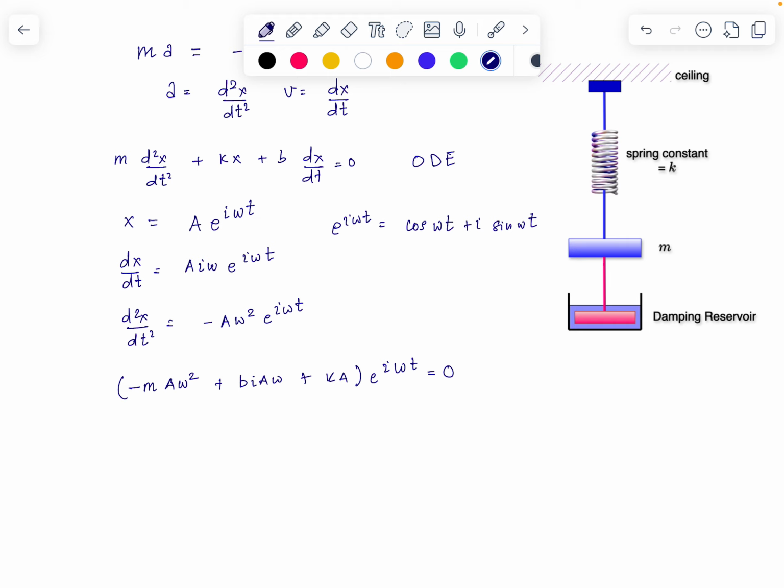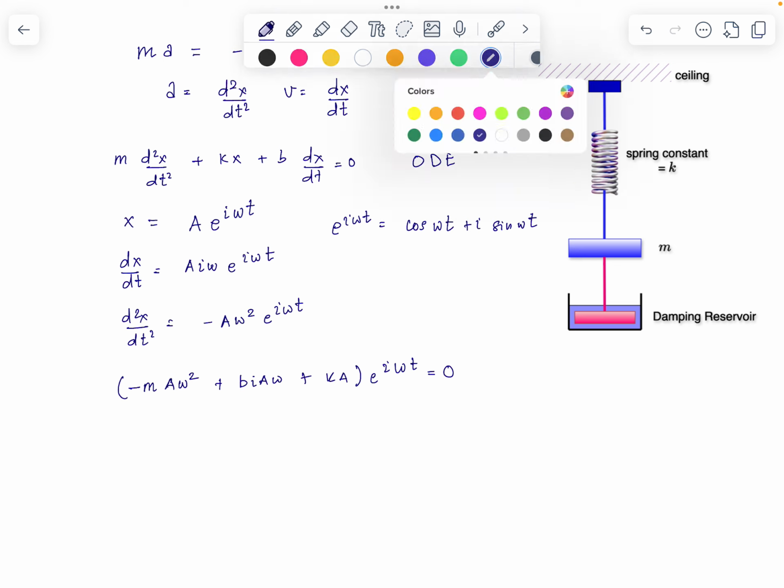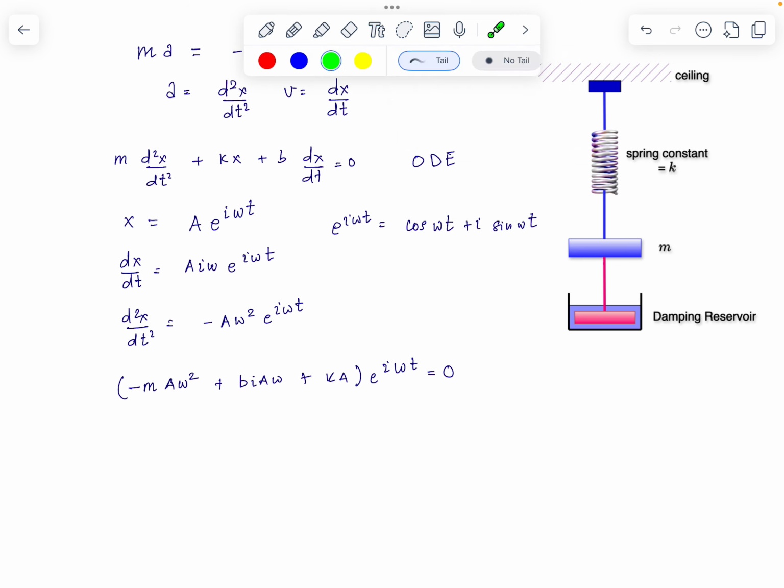We all know that the exponential value can never be 0, therefore it is the other factor that must be 0. And we recognize that this is a simple algebraic equation. In fact, it's a quadratic.